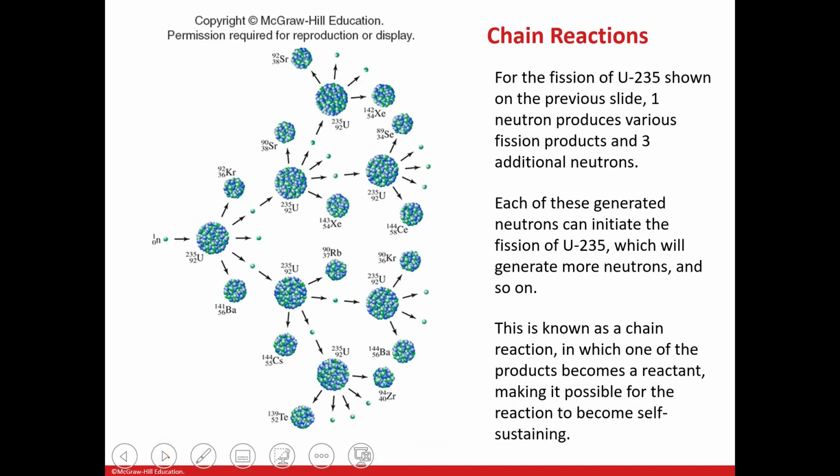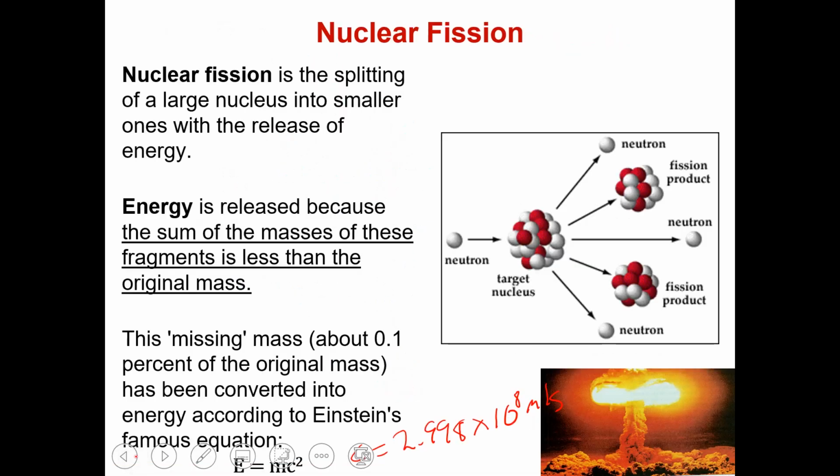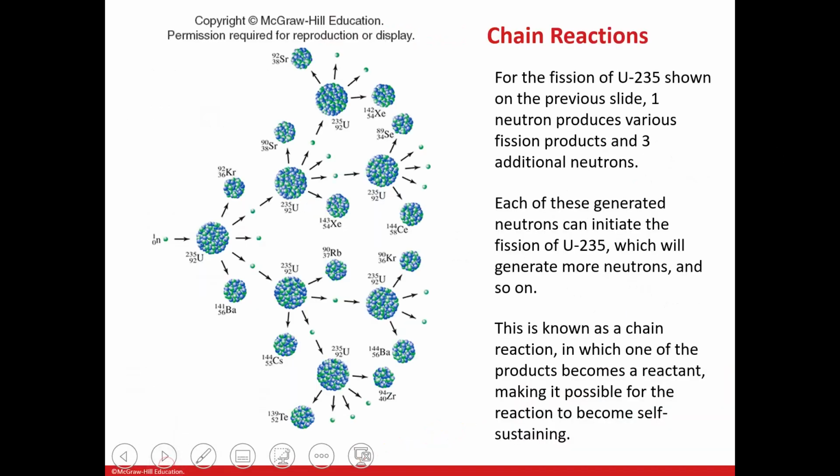What happens a lot of times is when we use something like uranium-235 and we bombard it with neutrons, the product of that reaction, if we go back to the previous slide for a second, we get some smaller nuclei, but we also get neutrons out of it. And those neutrons will actually cause more reactions to happen.